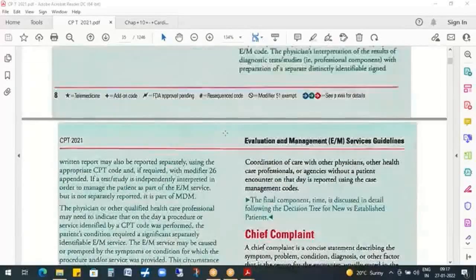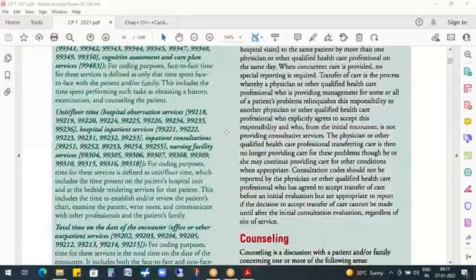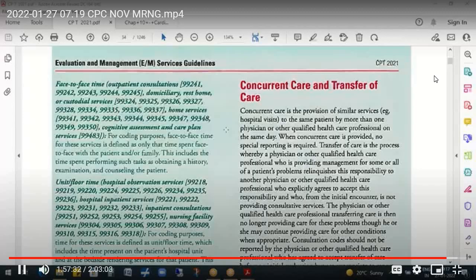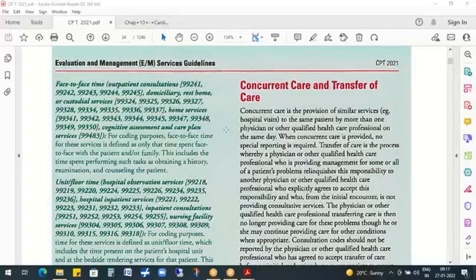Sir, can I ask one doubt and then leave? Yes, please. In the respiratory system, submucous resection of inferior turbinate is done, and septoplasty is also going on. Here do we code only the submucosal resection of turbinate, or both?